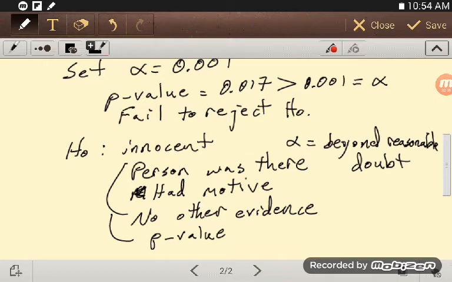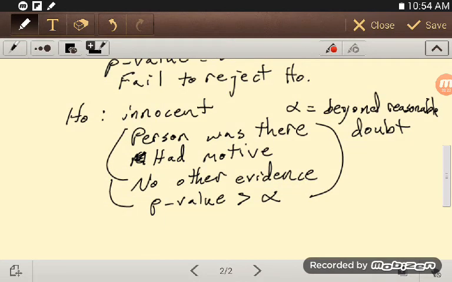And then the quantitative part helps us immensely in just making a quick decision, because here, is this p-value bigger than alpha? Well, I'm going to say yes. In this case, p-value is bigger than alpha, so we fail to reject innocence.